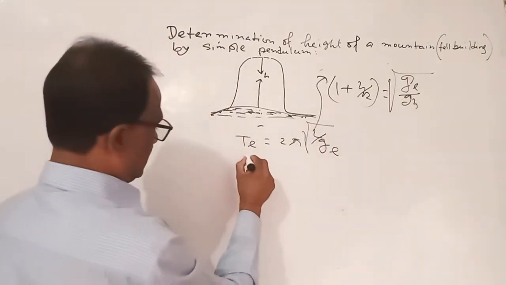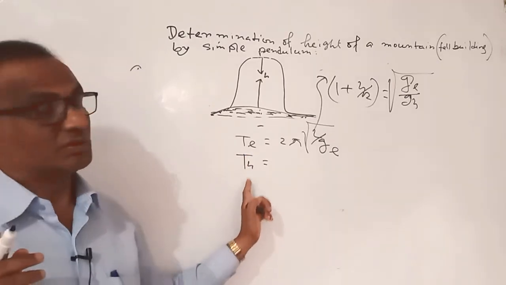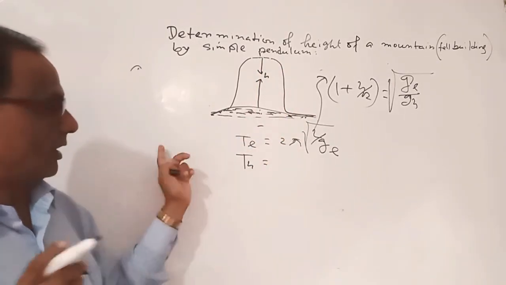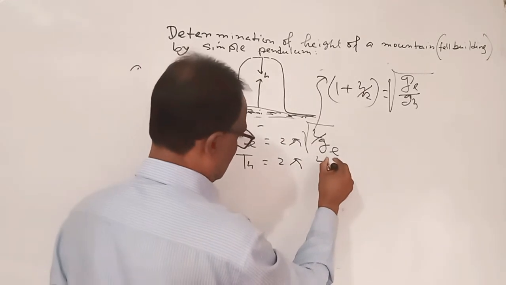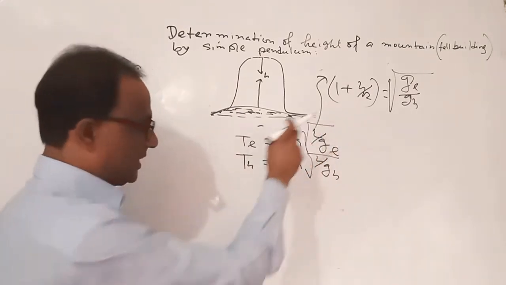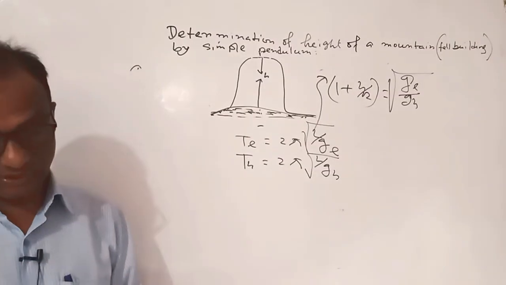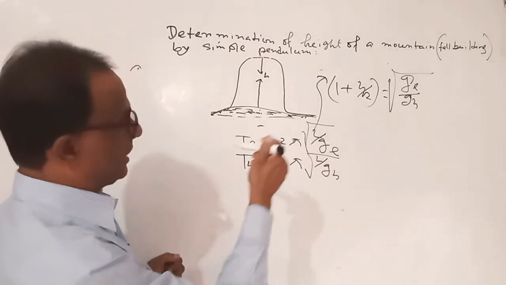Again Th, that is the time period on the hill of the simple pendulum, is 2 pi root of L by Gh. Here L is also constant of the simple pendulum.